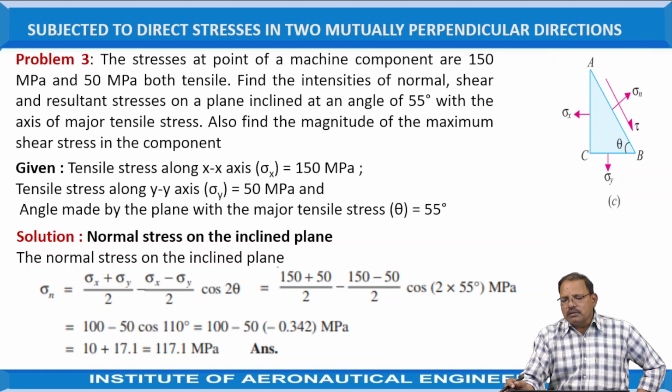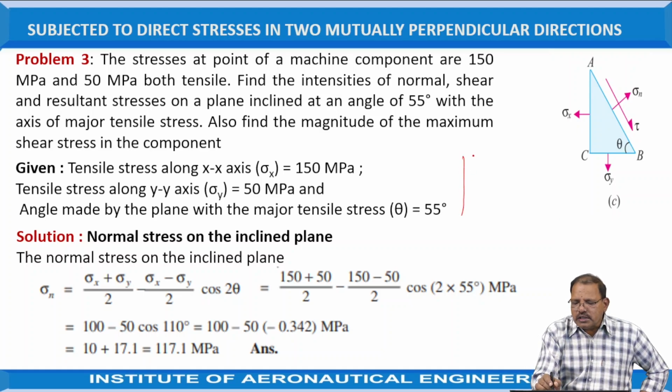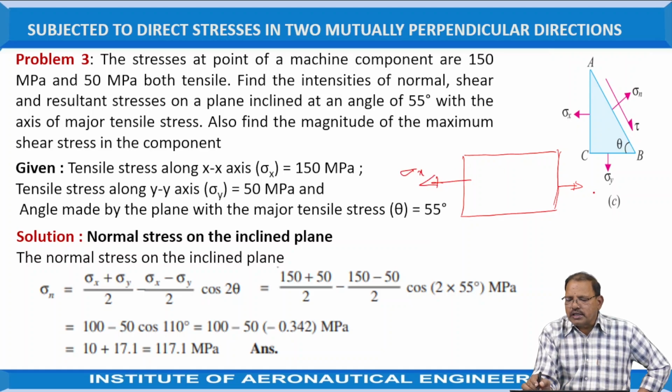For the given data, first of all, I am representing the forces acting on a body. Here, assume it has a uniform cross section. This is sigma x, the stress acting along the x direction, and these are the stresses acting along the y direction. Both are tensile.